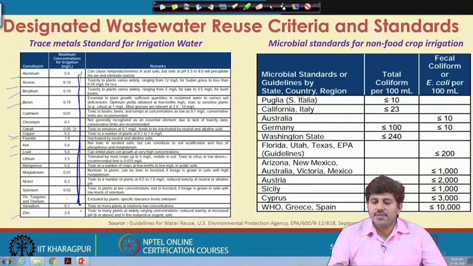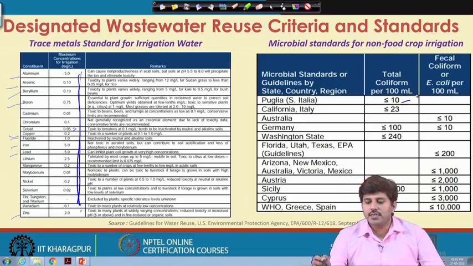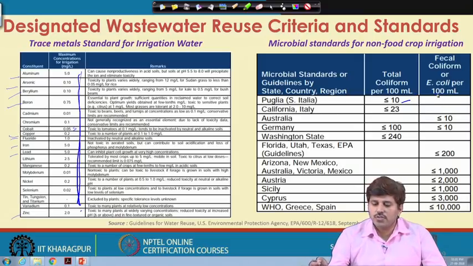Similarly, if we look at the microbial standards for various non-food crop irrigation, again there are different states and countries. In Puglia, Italy, total coliform should be less than 10, okay. Fecal coliform is not mentioned there. For California it should be less than 23, in Australia fecal coliform less than 10, in Germany fecal coliform less than 10 and total coliform less than 100, okay.